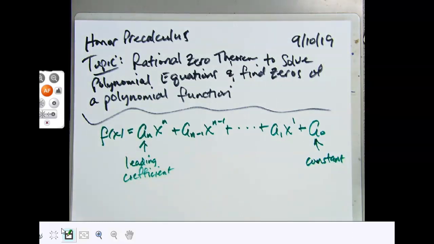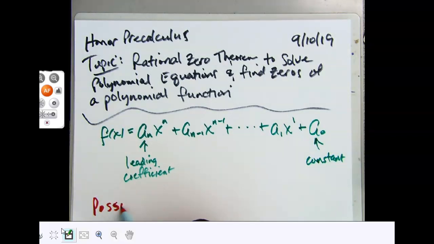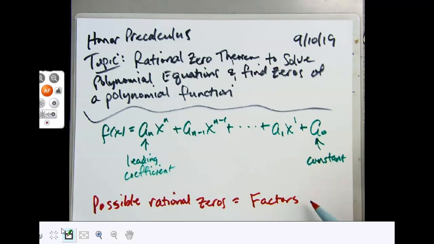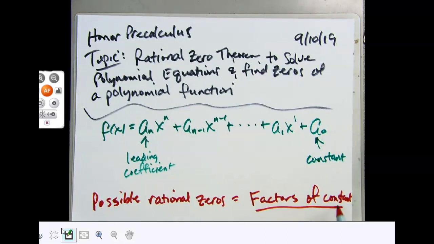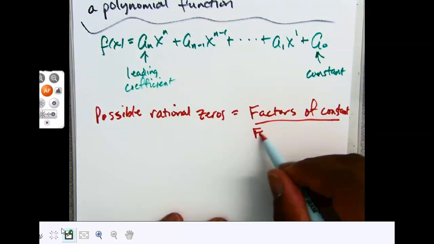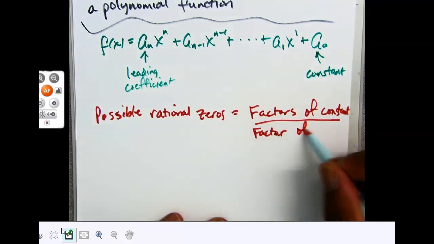Well, all of the possible rational zeros are equal to the factors of the constant term divided by the factors of our leading coefficient.